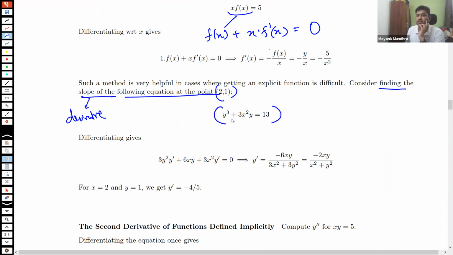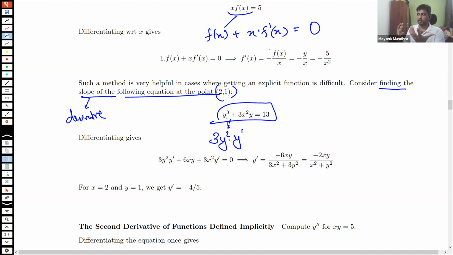So I'm going to differentiate this entire thing. While differentiating, you do not need to replace y with f of x and everything. You can keep y as y. You can just differentiate, assuming this is some function y of x and x. When I differentiate y cubed, it is going to be 3y squared times y prime.